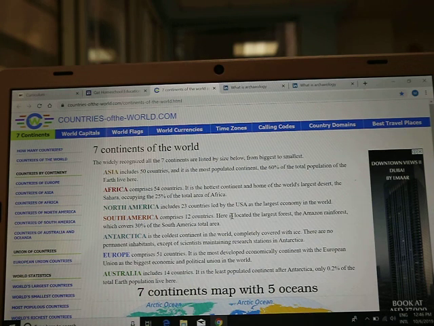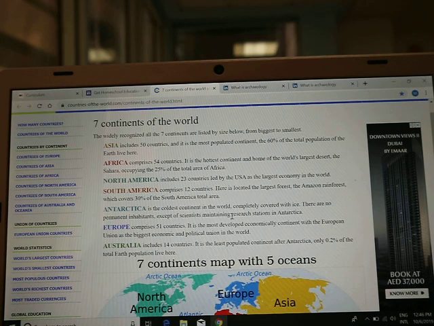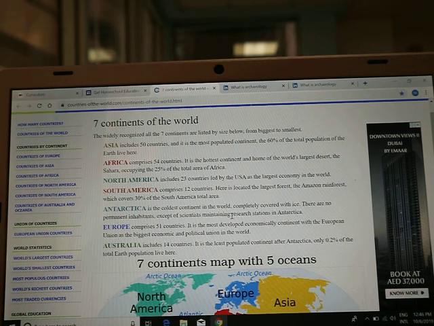It contains 60% of the total population of the earth. Can you imagine? We are part of the 60% of the total population of the earth.